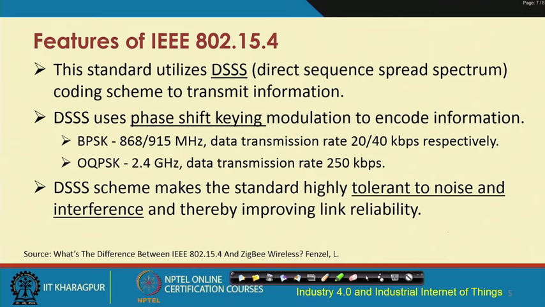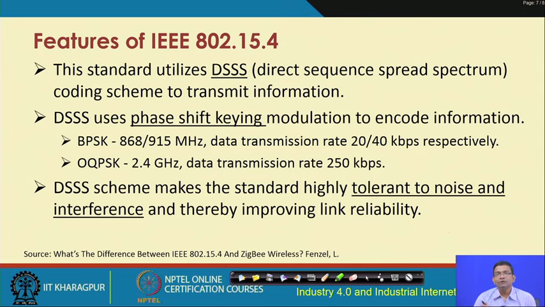DSSS uses phase shift keying modulation. If you do not already know all of these things, it will be a little difficult, but just briefly, the modulation scheme is known as PSK, phase shift keying modulation, to encode the information. The information will have to be encoded using PSK and the different variants of it.